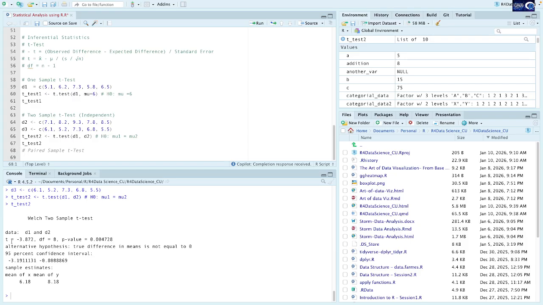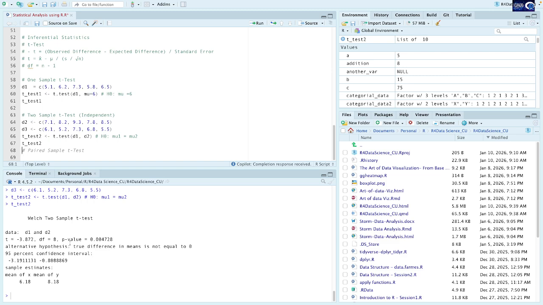The t statistic defines the critical value. Degrees of freedom is used to look up the critical value or find the distribution.